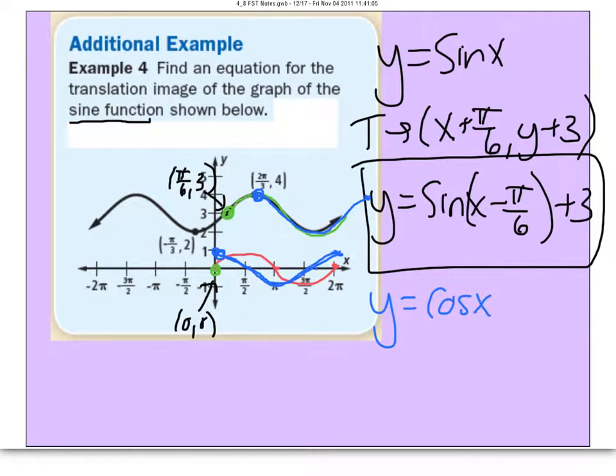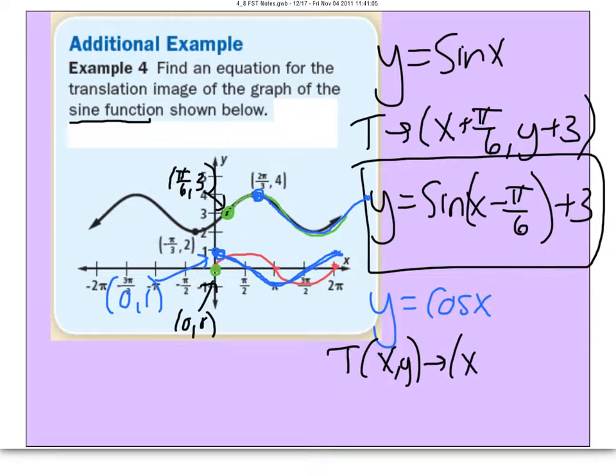Well, how did it change? This ordered pair looks like it is 0, 1. So here's how it changed. They took here, they went right some amount and went up 4. The x used to be at 0, but now they went to 2/3 of a pi. So they moved right 2/3 of a pi. Let me write that down as an ordered pair rule.